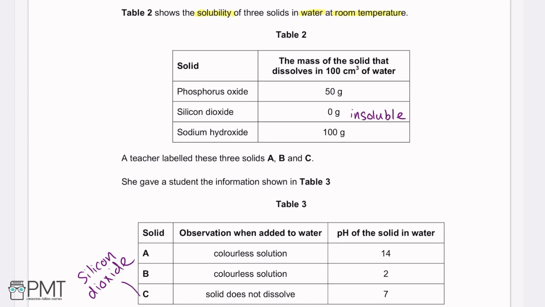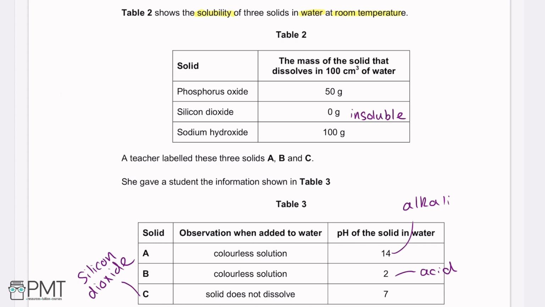So let's look at A and B. A pH of 14 is going to be an alkali, and a pH of 2 is going to be an acid. So we need to establish now, out of phosphorus oxide and sodium hydroxide, which is the alkali and which is the acid.